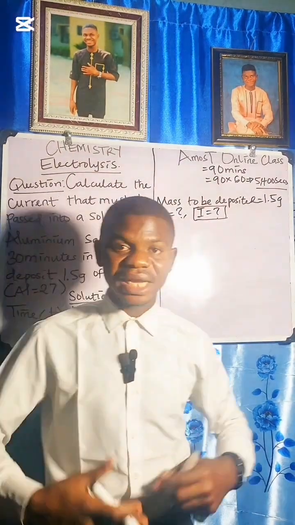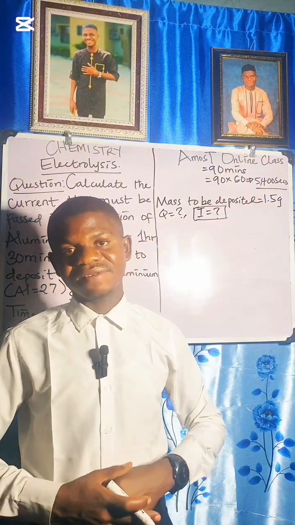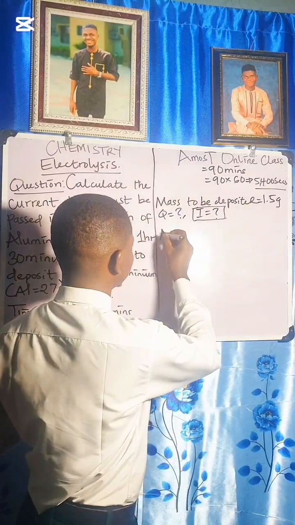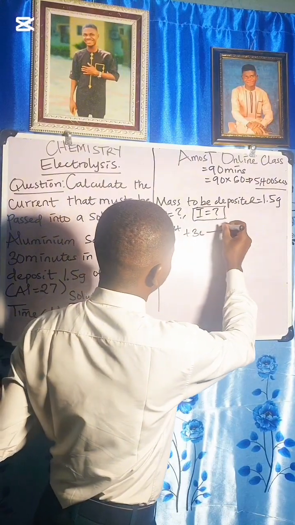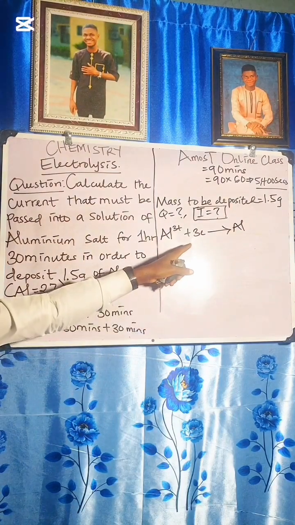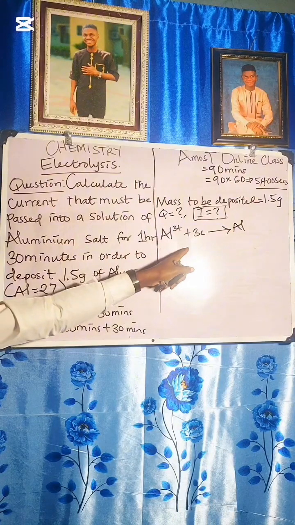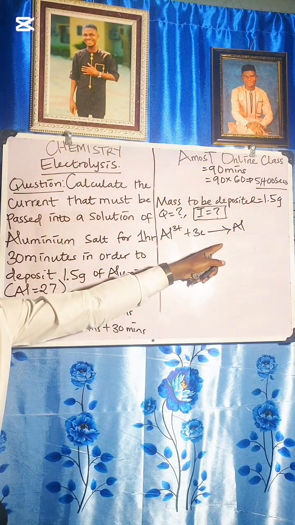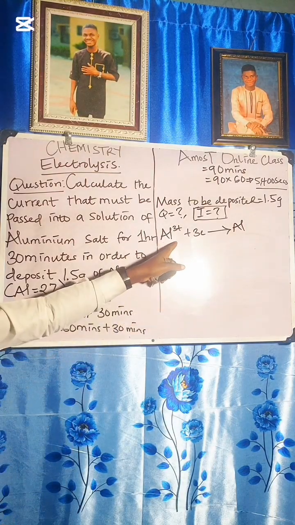We need to write the half-cell reaction for this kind of question. Now for aluminium, which is a trivalent element, the half-cell reaction will be as follows. So this is the half-cell reaction for this question. Now that means 3 Faraday will be required to liberate 1 mole of aluminium because this is a trivalent element.